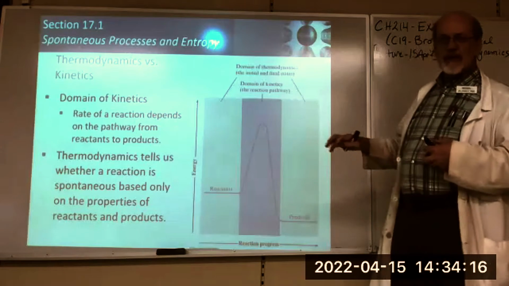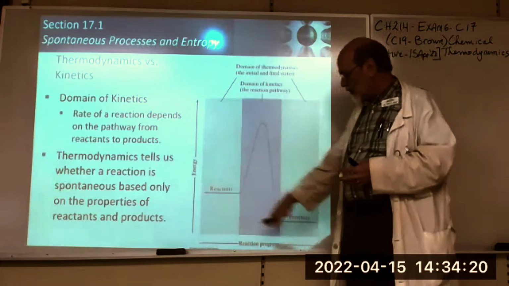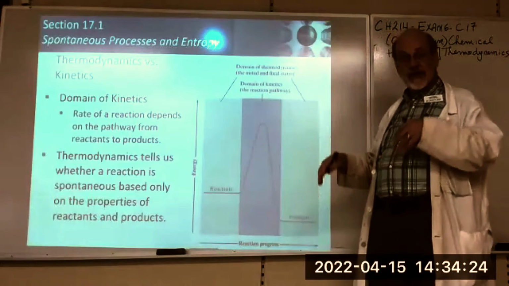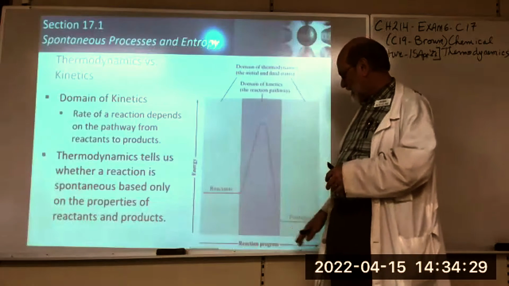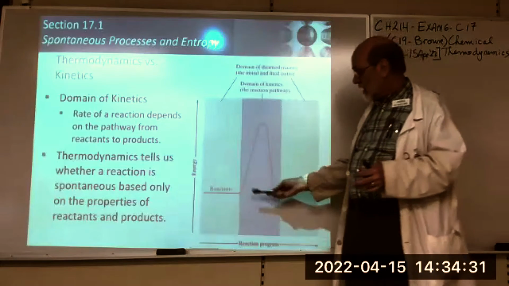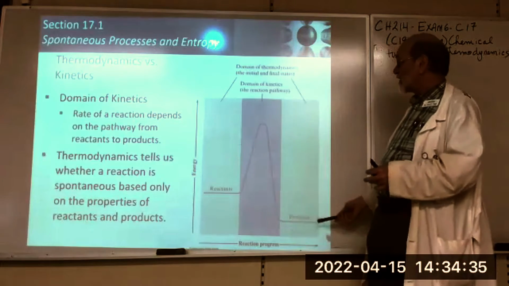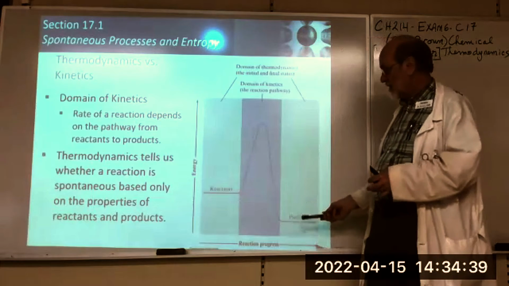So when we're looking at a diagram where we have progress of the reaction on the x-axis and energy input or any energy conditions on the y-axis, we find that in an exothermic reaction, the reactants have more energy than the products. And this is the area of thermodynamics, before and after.